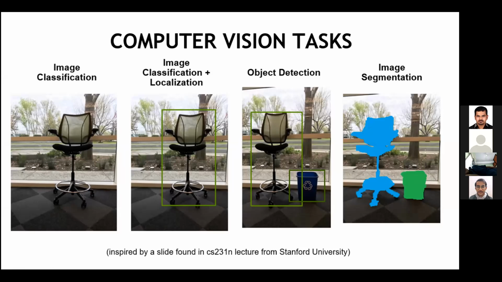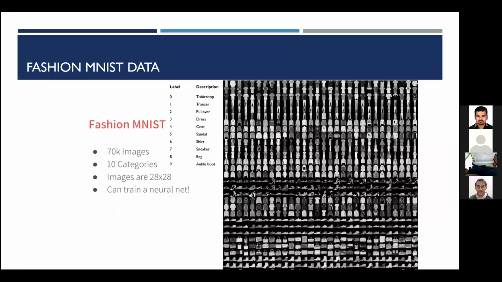Now we'll move on to the hands-on to classify images, and for classifying the images, we'll be using the FashionMNIST dataset. As I said, deep learning has become very popular because you can do a lot of experimentation.